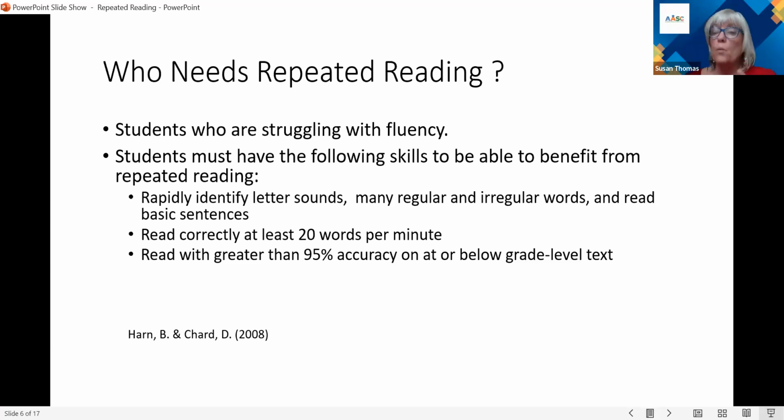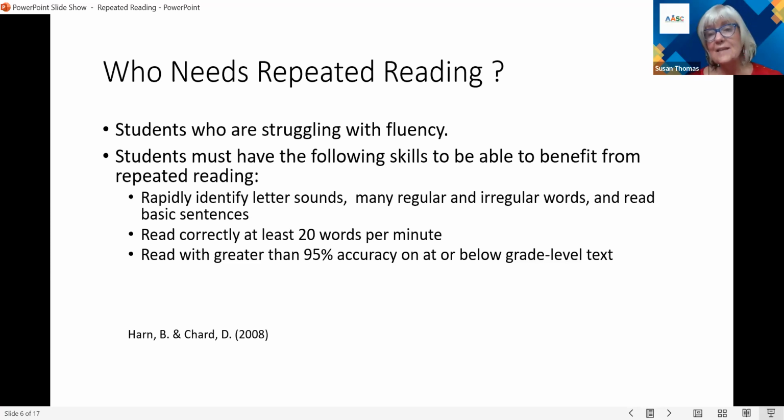They need to be able to read at least 20 words per minute, and they have to read with greater than 95% accuracy on or below grade level text. So if you're working with a student below grade level, they need to be at 95% accuracy on whatever grade level they're reading from.